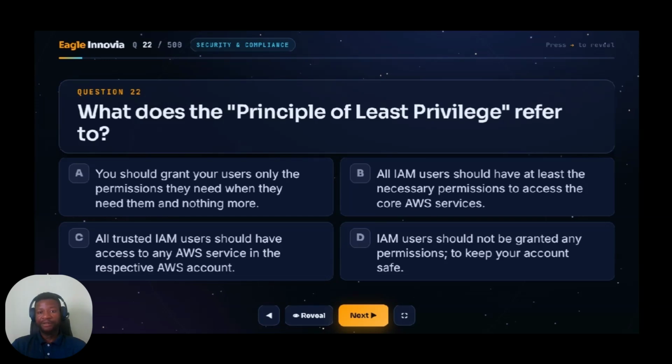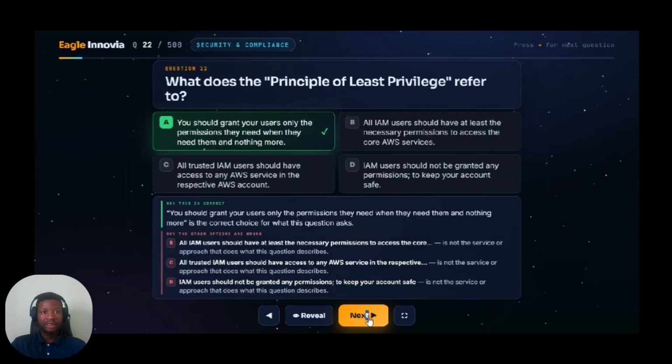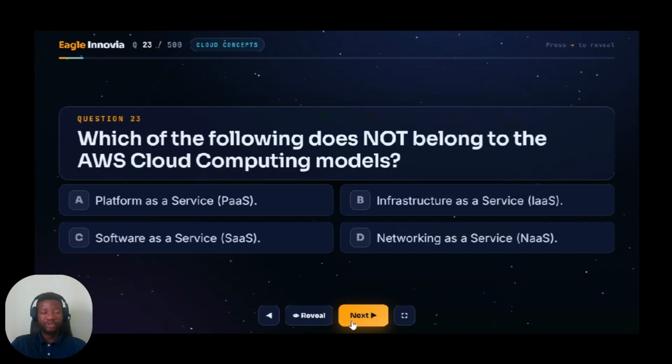D. IAM users should not be granted any permissions to keep the account safe. The answer is A. You should grant your users only the permission they need when they need them and nothing more. This is the correct choice for this question.